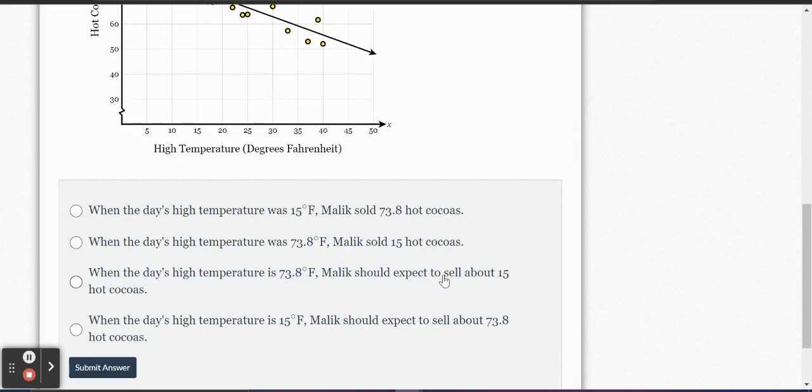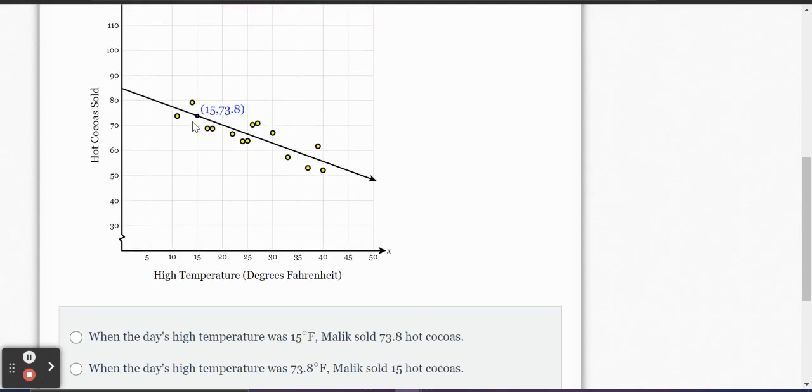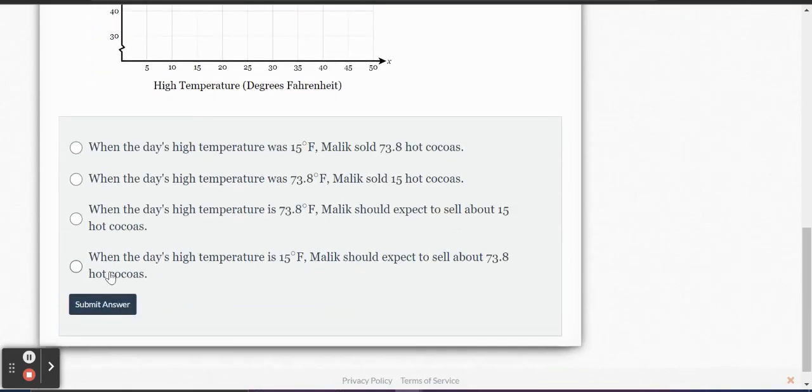But again, wrong numbers. We want when the day's temperature is 15 degrees, they should expect to sell around 73.8 hot cocoas. So at 15 degrees, they should expect that. Again, be careful with the terminology: expecting versus actual.